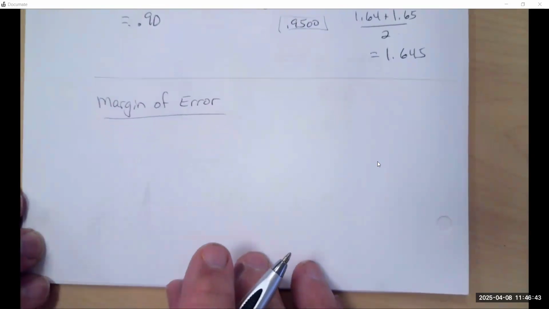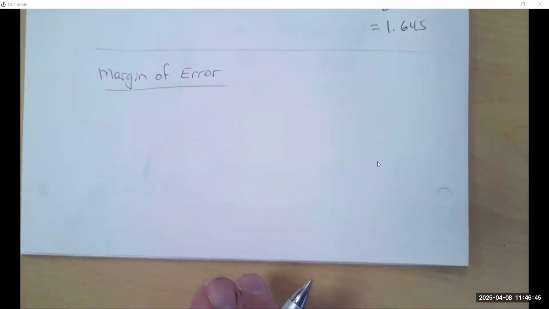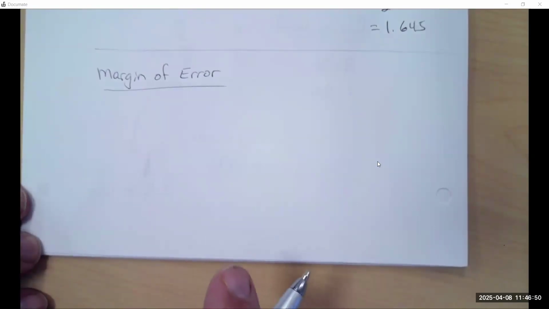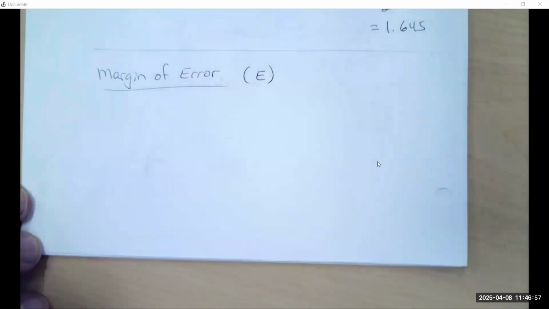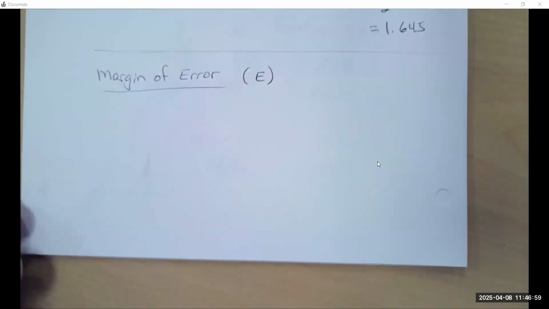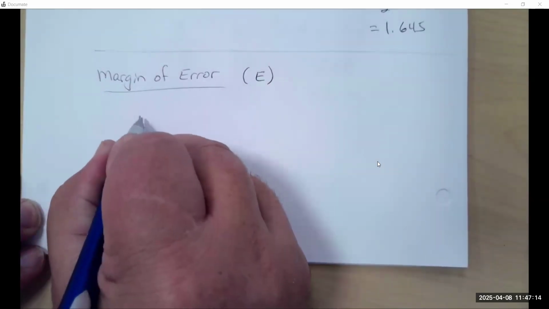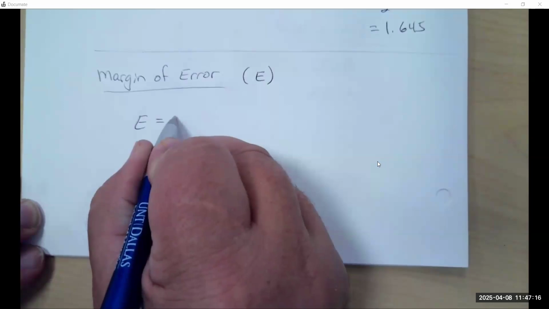Margin of error. The letter we use is just capital E. It's a formula. The margin of error tells us, given our information, how far we are from the actual number. So the formula is this.